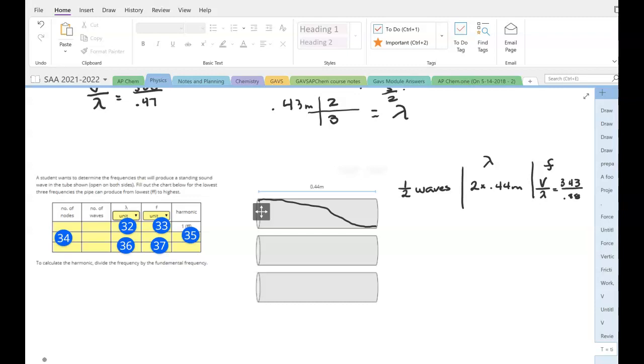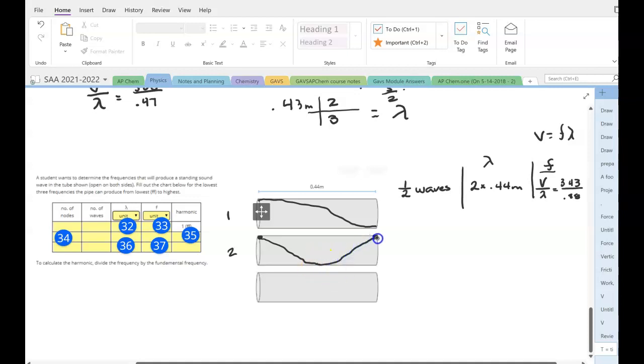In order for 33 to find frequency, we're again going to use the relationship that velocity is equal to frequency times wavelength, and we're solving for frequency this time because we knew our wavelength. For 34, we're asking for the number of nodes. This is our fundamental, or our first harmonic. In our second, we again have to end at an antinode, and so we're going to have a half a wave, but I didn't get to the end, so I need to add another half a wave.